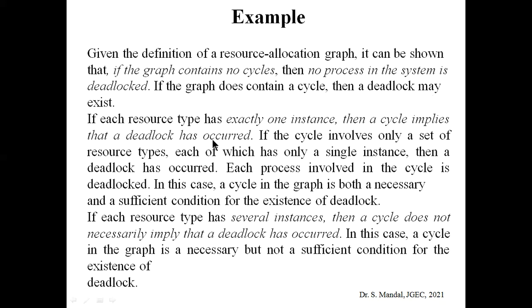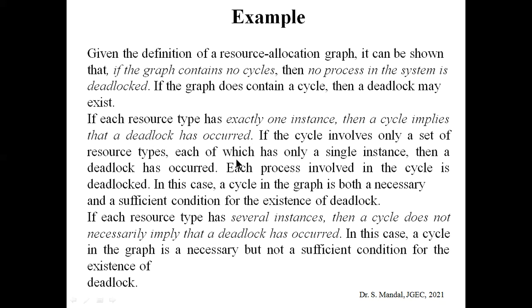Now, from the resource point of view, sometimes there is only one instance for each resource. If in a resource allocation graph all the resources have only one instance, then in that scenario, a cycle implies that a deadlock has already occurred.